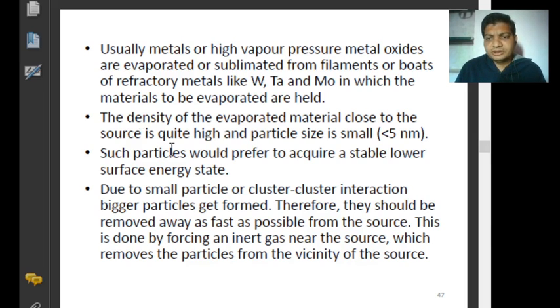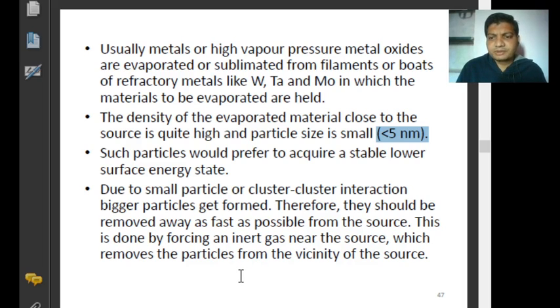The density of the evaporated material close to the source is quite high and the particle size is small. So the vapor density is more. Density means the number of particles. So in the surrounding, the number of particles is more, but the size is very small. The material size in the vapor state is less than 5 nanometers.